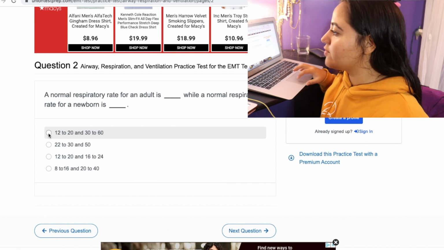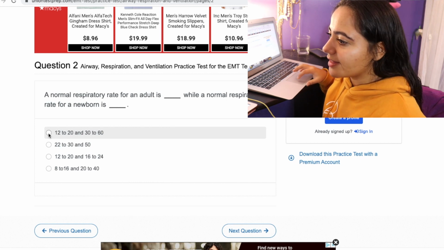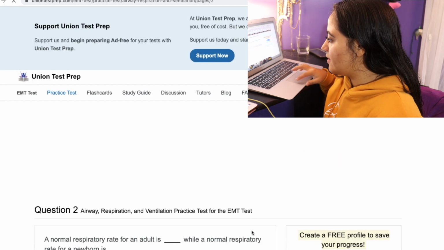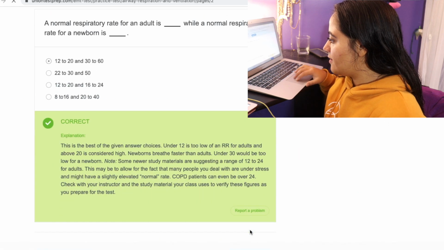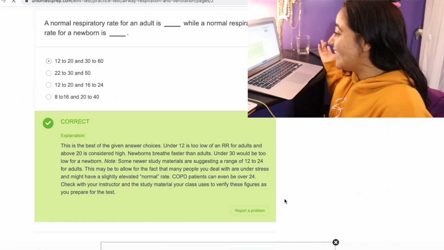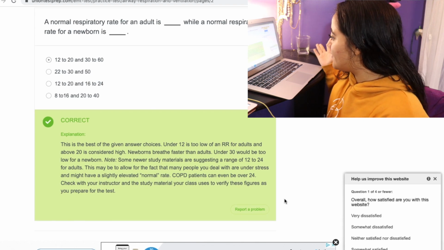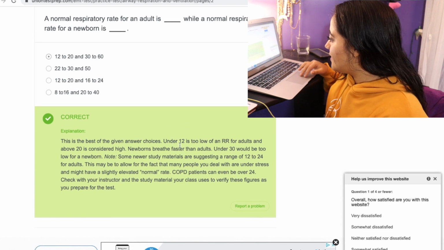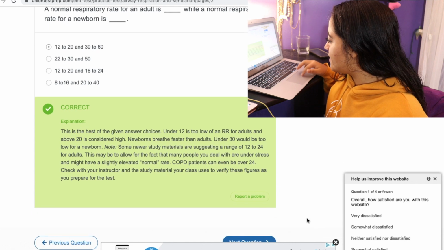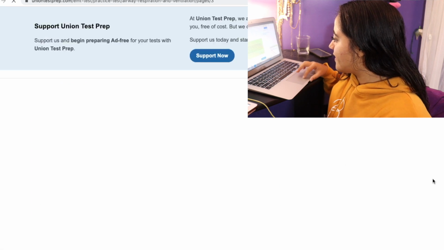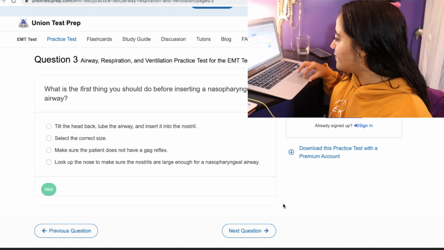And since I know children breathe more than adults, I'm going to pick this one. That was correct. This is the best choice given the answers, and right here is some other explanation. Okay, let's go to the next question.